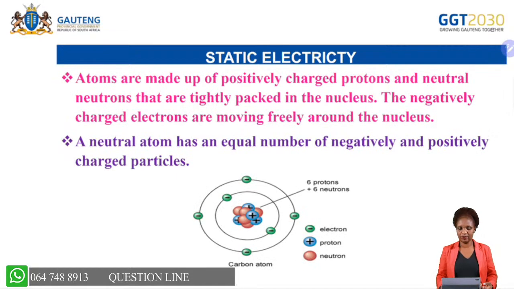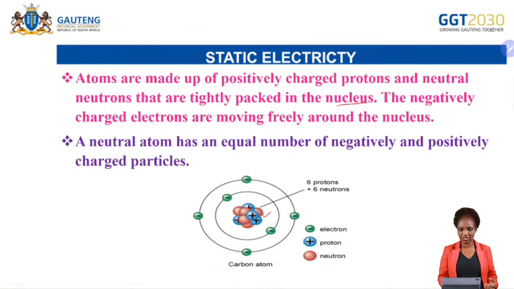Static electricity. Atoms are made up of positively charged protons and neutral neutrons that are tightly packed in the nucleus. The negatively charged electrons are moving freely around the nucleus. All right. Now here we're talking about the structure of an atom. This picture is the structure of an atom.